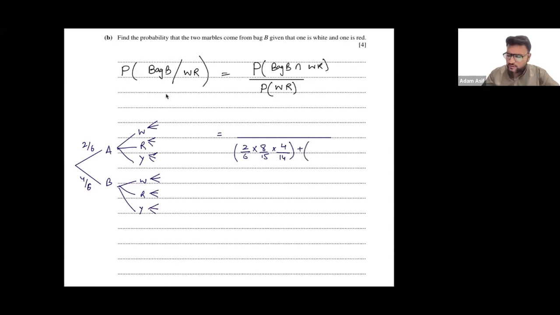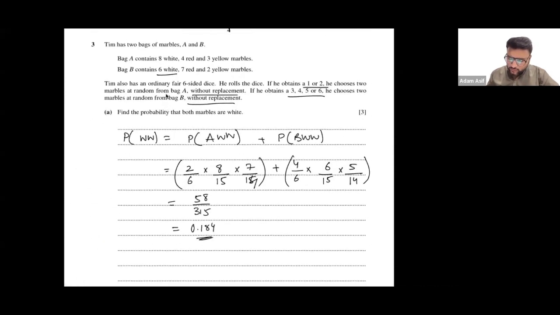Plus, it can be red and a white as well. Okay. It can be from bag A and it can be red and a white. So I can multiply it by 2. Then if it is from bag B, first you will have to select bag B. The probability of selecting bag B is 4 upon 6.